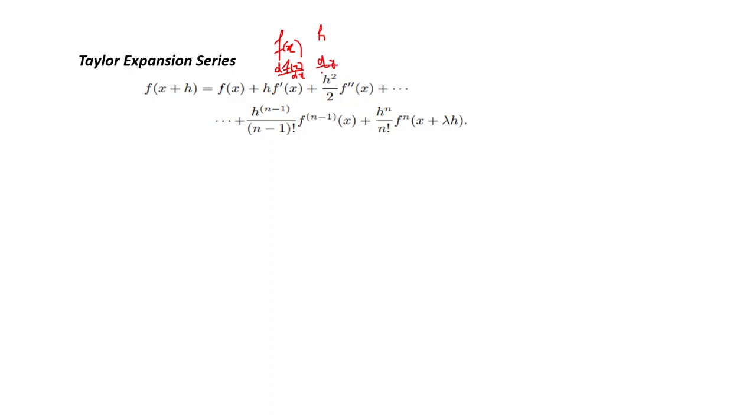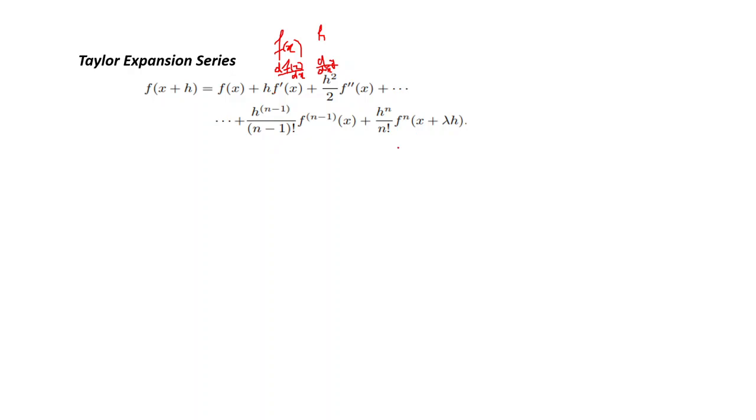Only thing is, instead of dy we are using df(x), so you can just substitute y with f(x). This is the first order differentiation. Then h squared by 2, which is the second order differentiation, d2f(x)/dx2. This is the (n minus 1)th order differentiation, and this is the nth order differentiation.